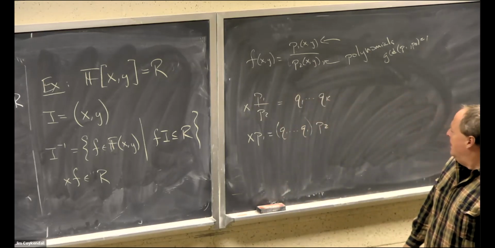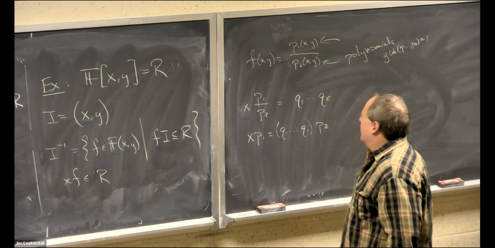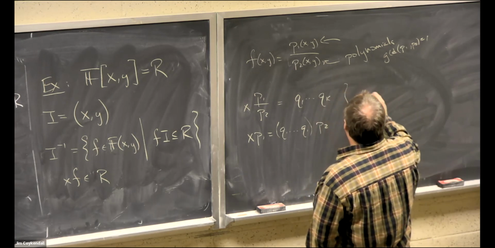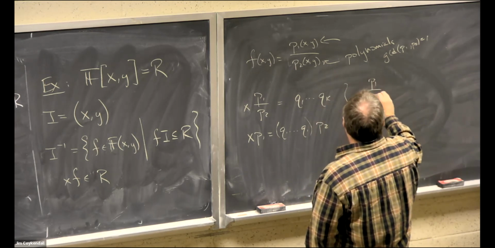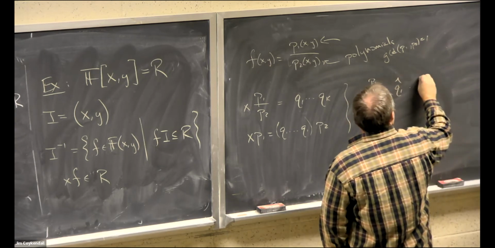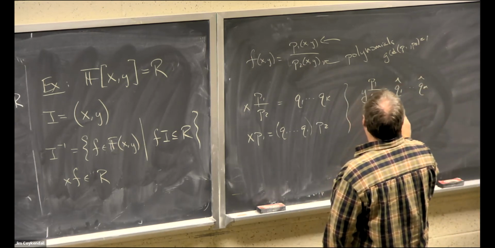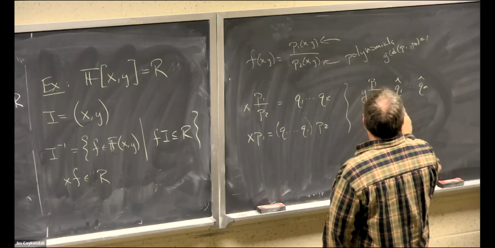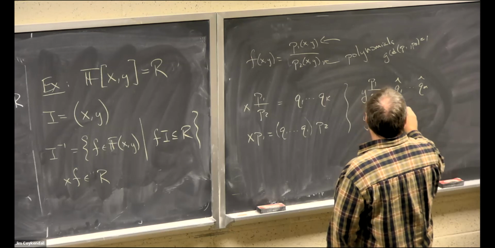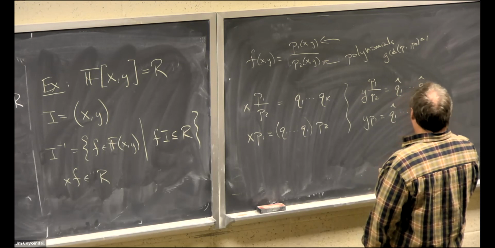And of course, you also get something for Y as well. So I get YP1 is Q1 hat times P2.